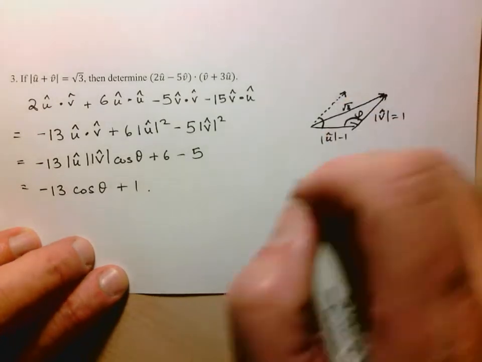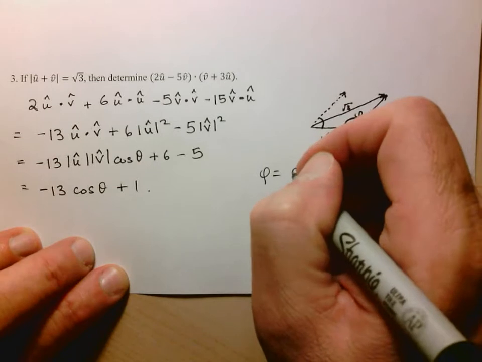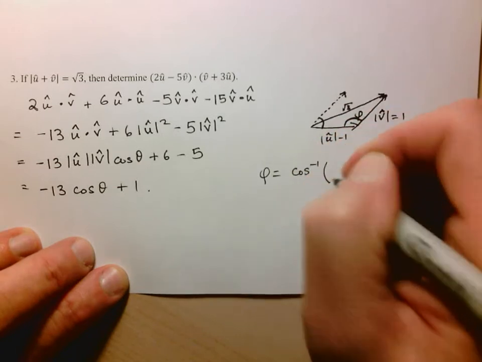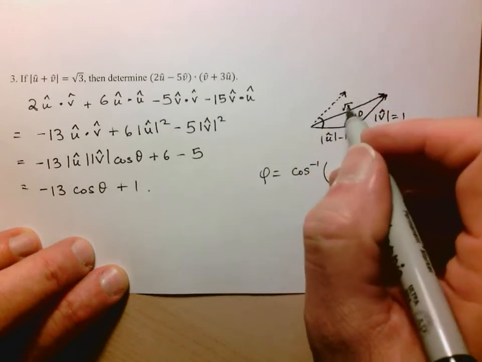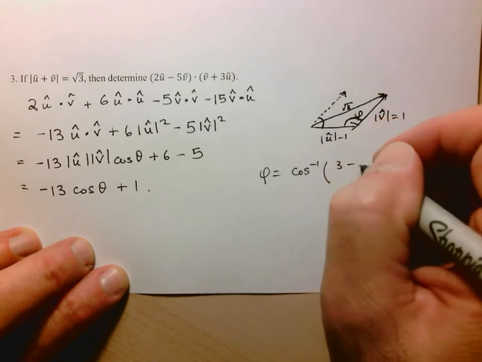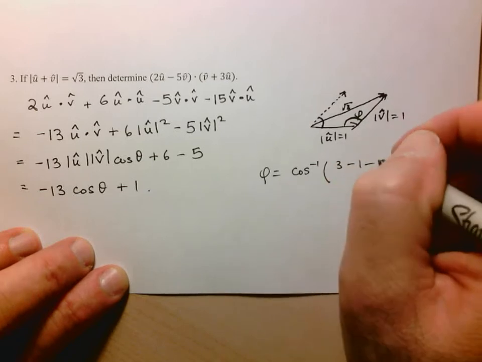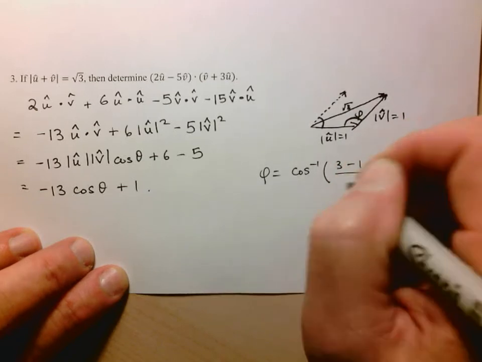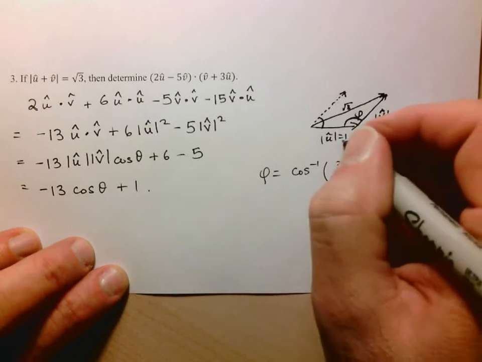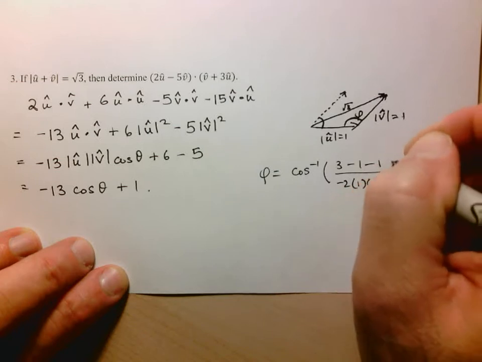And so now this is a fairly easy cosine law. So phi is equal to inverse cosine of, so its opposite side, root 3 squared is just equal to 3, minus 1 squared, minus again 1 squared, which is just 1, divided by negative 2 times the two sides that are not opposite, so 1 and 1.